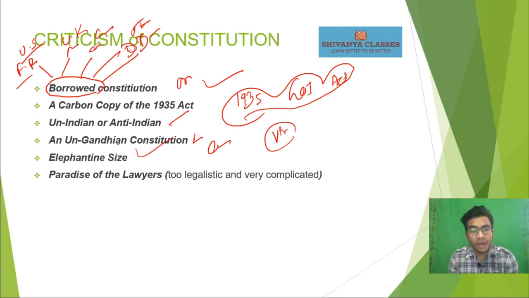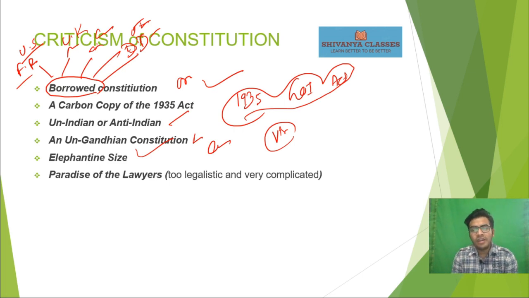Next thing is the paradise of the lawyers. What is the paradise of lawyers? A few argue that in the Constituent Assembly, many lawyers were present. The lawyers were dominant in numbers, starting from B.R. Ambedkar, Nehru. So many are lawyers.